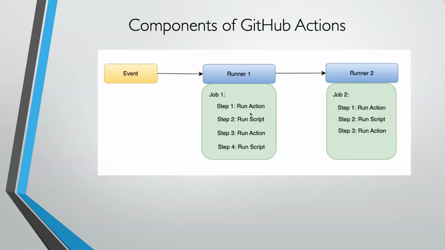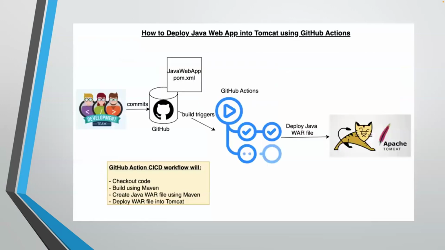Okay. Not a problem. We are going to create a CI/CD workflow for a Java web app that we have already configured in GitHub, right? So if you look at this diagram, this is exactly what I'm talking about. What we are going to do right now is create a CI/CD workflow for the Java web app that we have already configured in GitHub, using GitHub Actions.